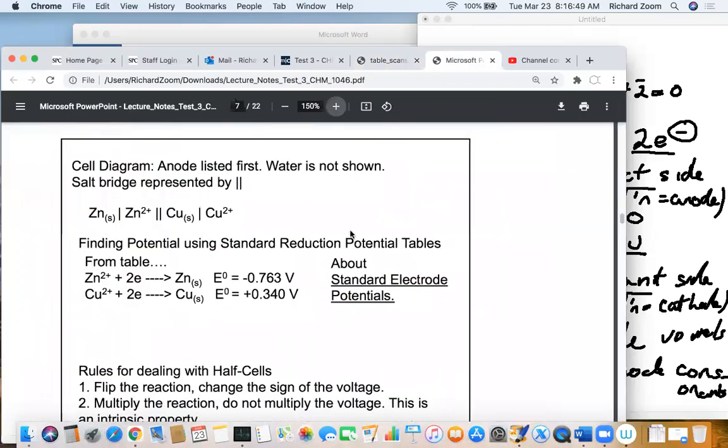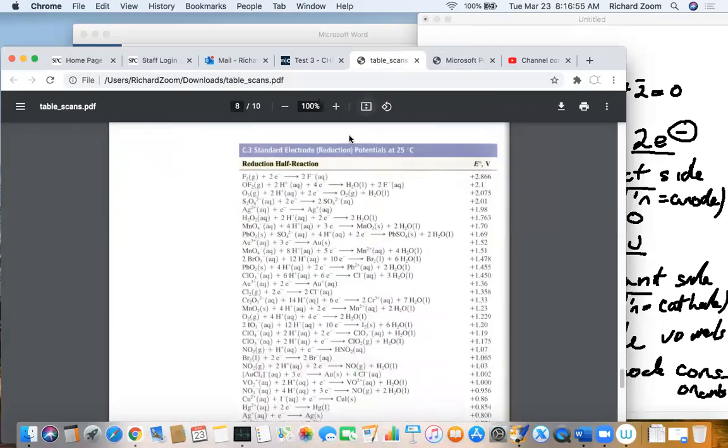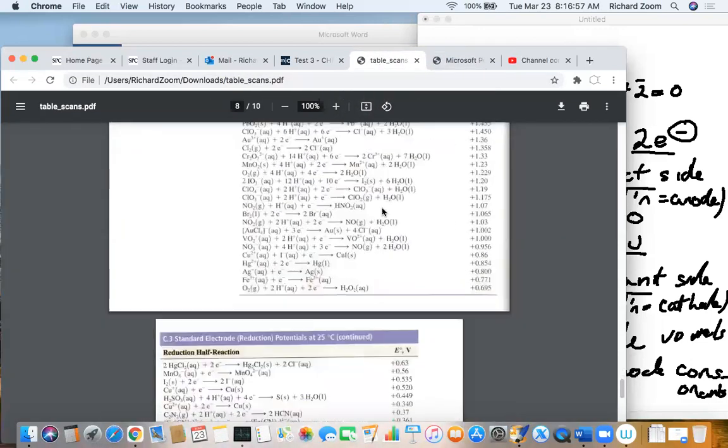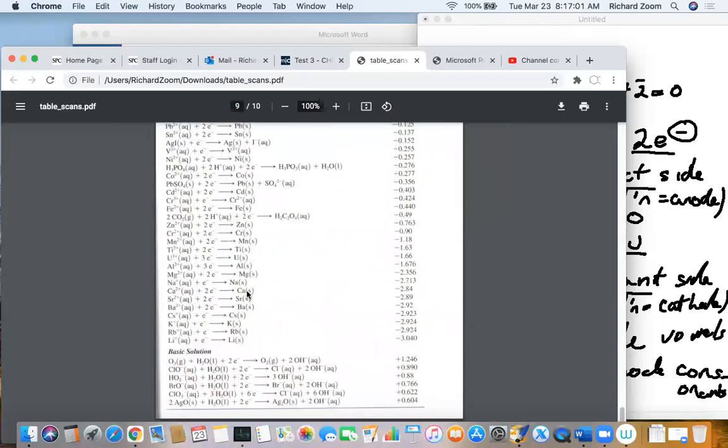All right, so let's go back to here. If we're looking at the tables, we're only going to find one reaction that involves both zinc and zinc 2+, and you'll find it right here. That's the reaction we're actually talking about. It has a potential, a voltage, of minus 0.763 volts.